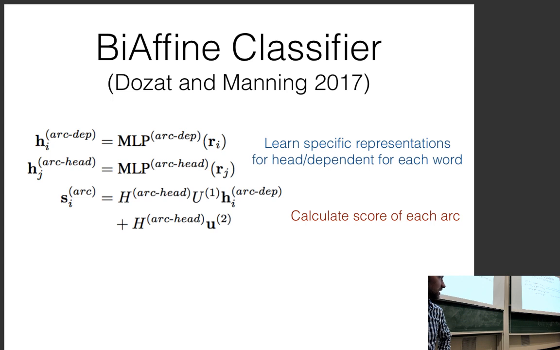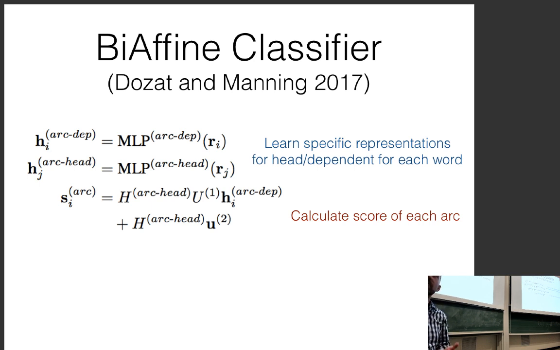To unpack this a little bit more, the first term here is calculating how likely each vector is as a head of this particular word. And this second term here is calculating how likely each word is as a head, period.